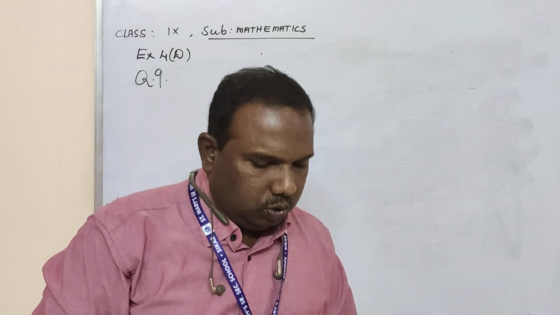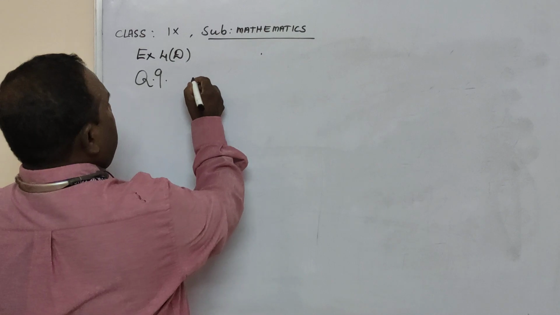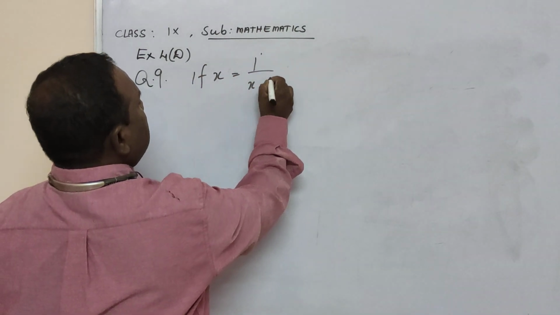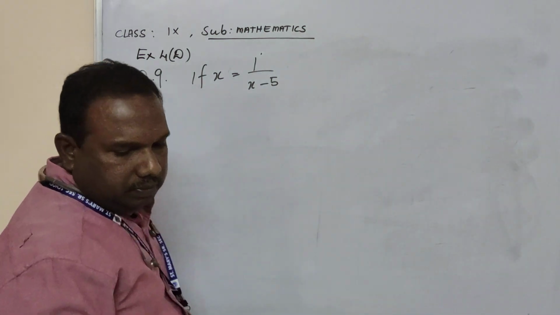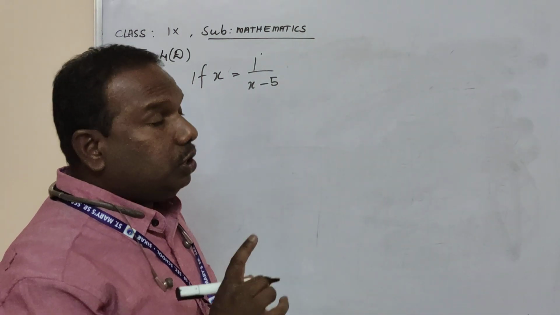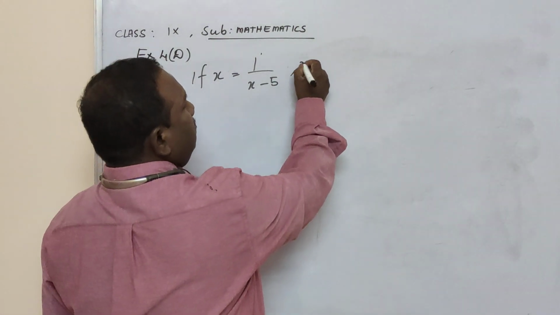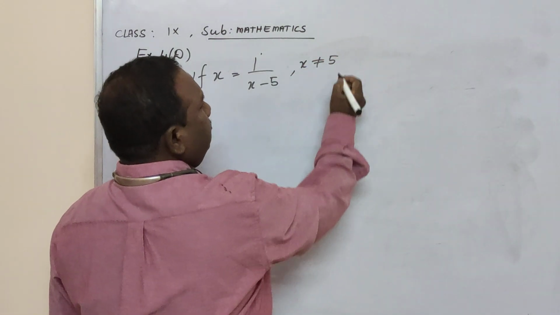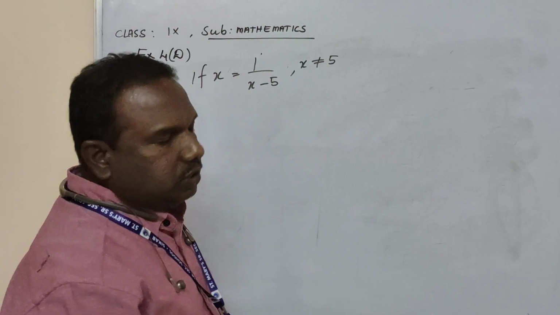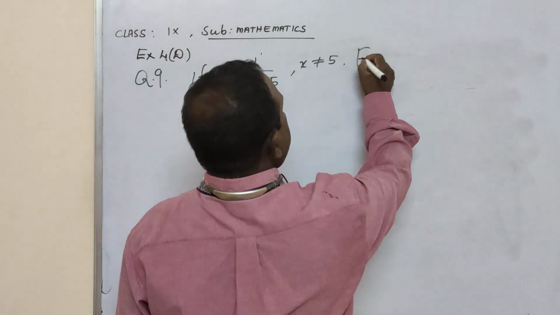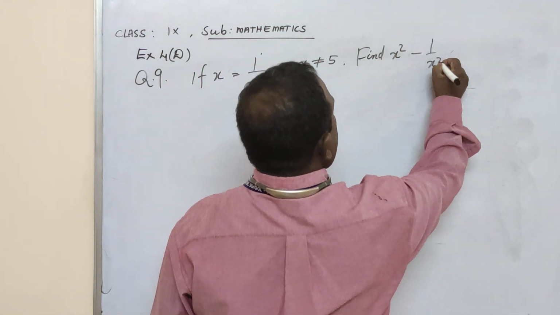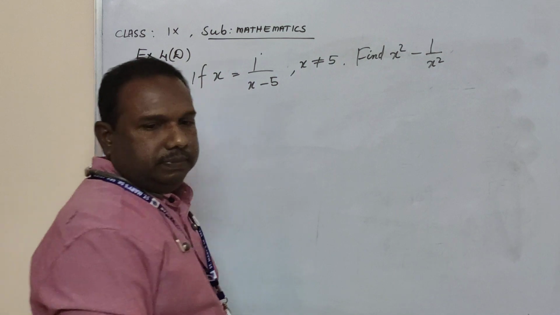If x is equal to 1 by x minus 5, where x is not equal to 5, find x square minus 1 by x square. This is our question.